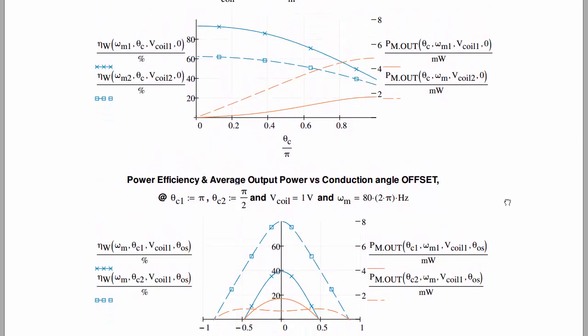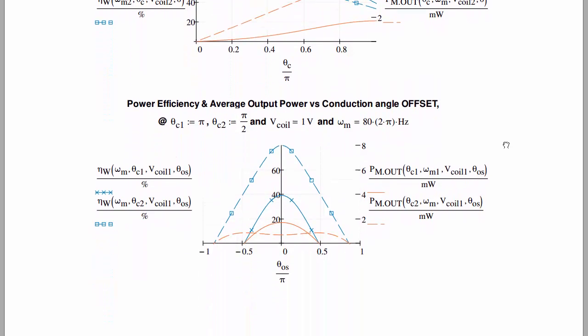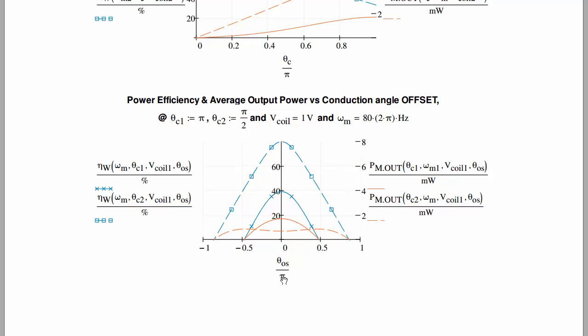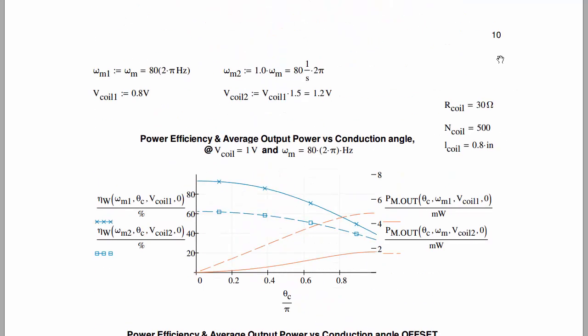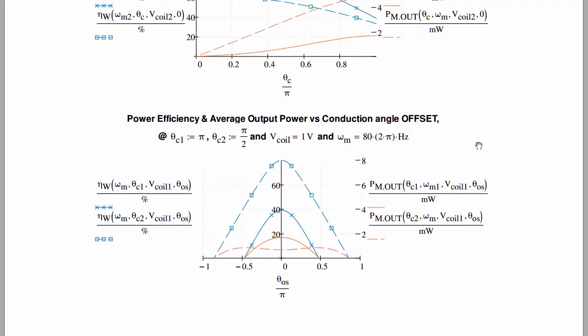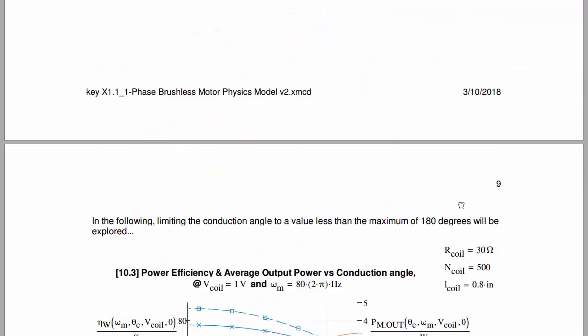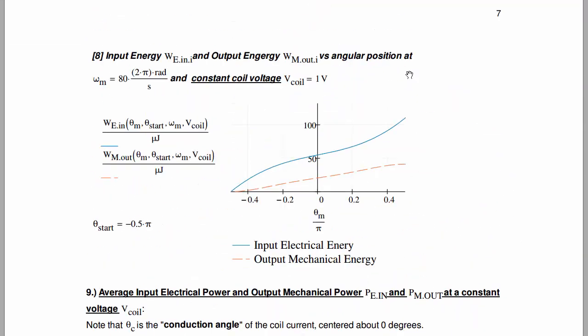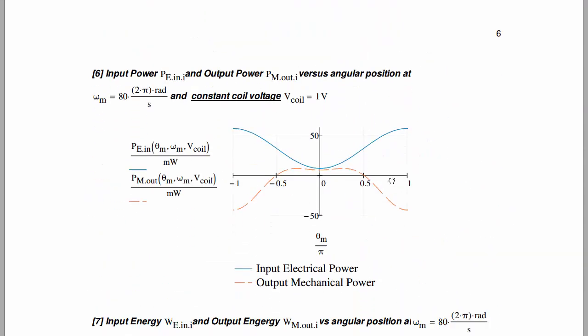Okay. The last thing I want to do is to show you this slide here, which is an attempt to consider what happens if instead of changing the conduction angle, we actually offset it from the center angle of 0. Let me go back to this slide right here.